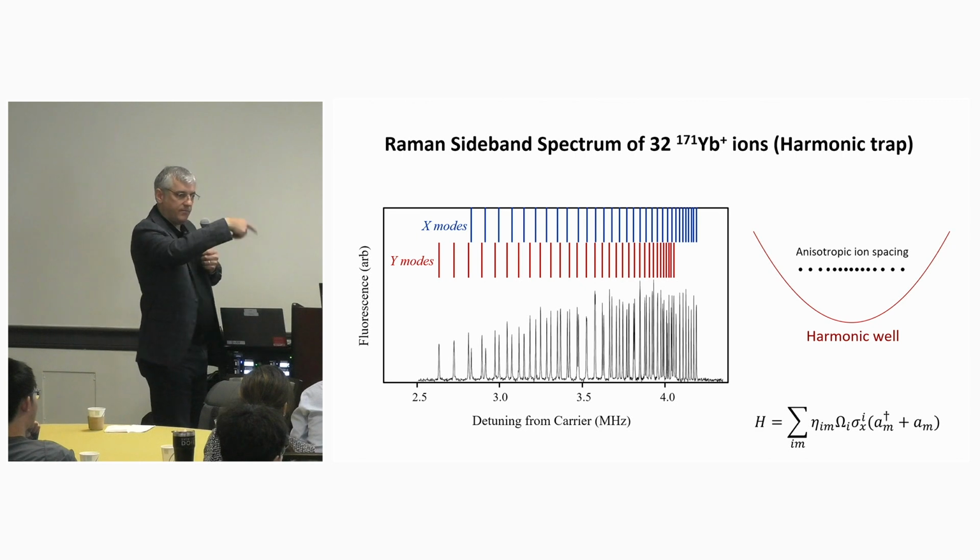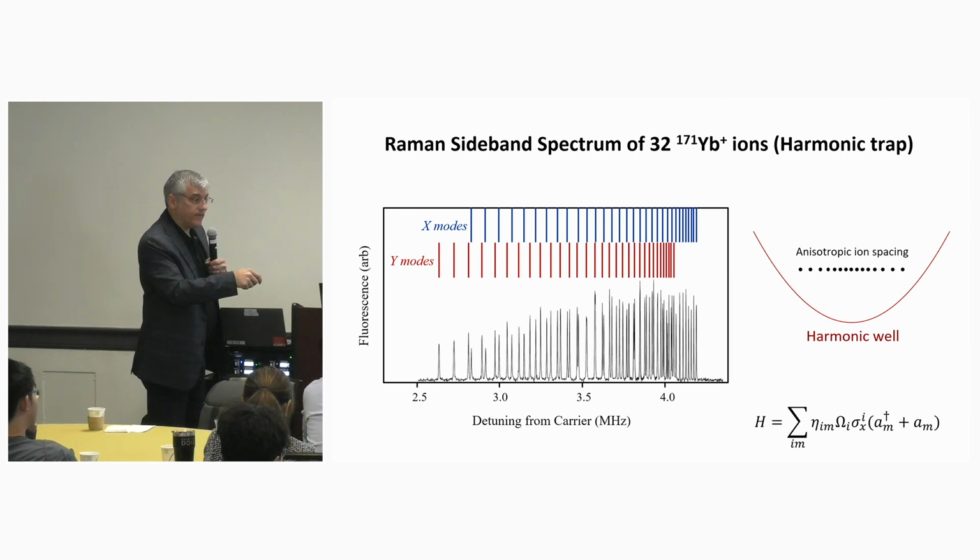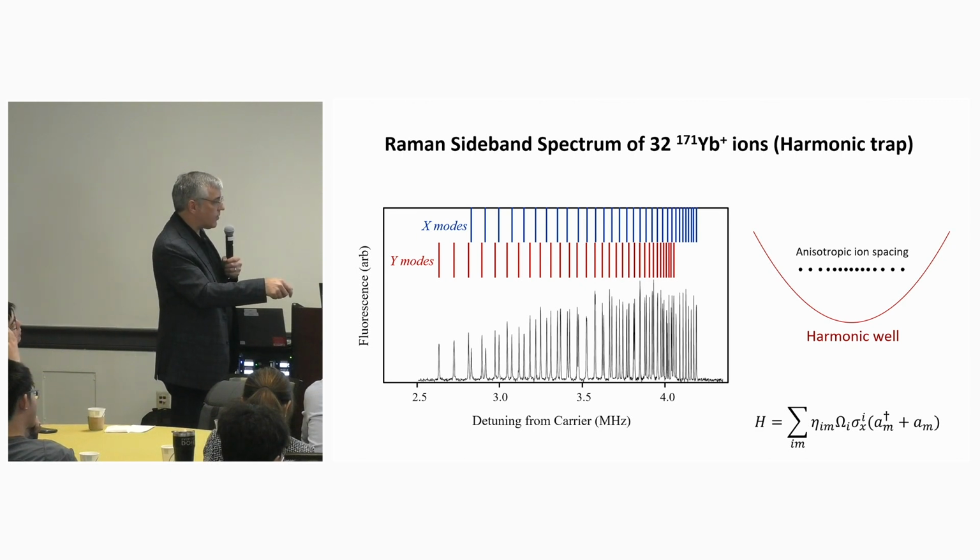The period of motion is half a microsecond or a third of a microsecond. Remember, the gates were many times longer than that. So these modes are resolved over the time of a gate. And here's the data, and they actually match one-to-one. The intensities are a little different, but you see the two series there. And if you want, the Hamiltonian we have here is a spin-dependent force when we apply lasers in a certain way.